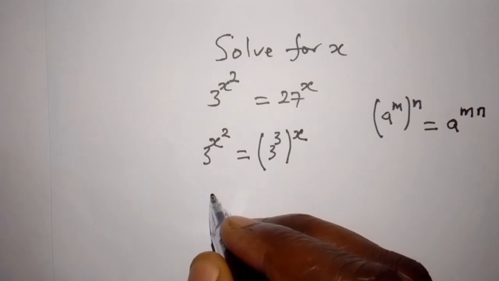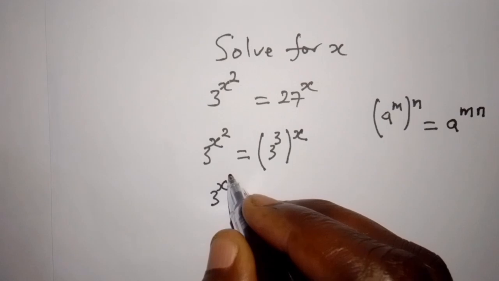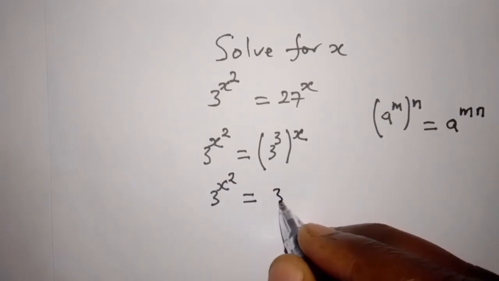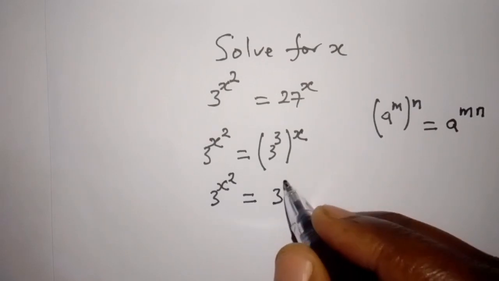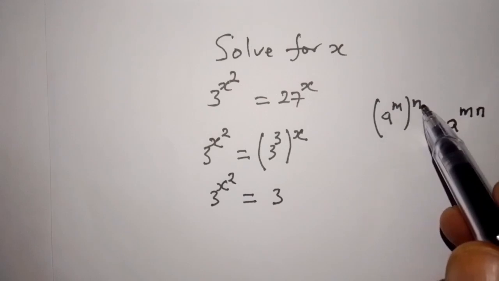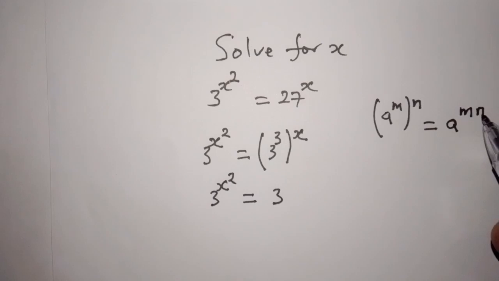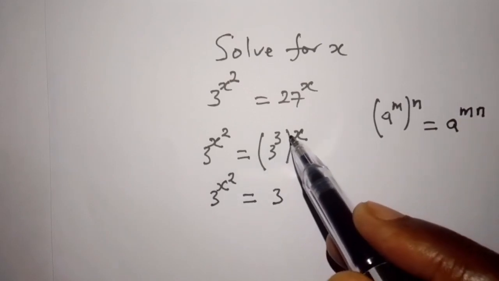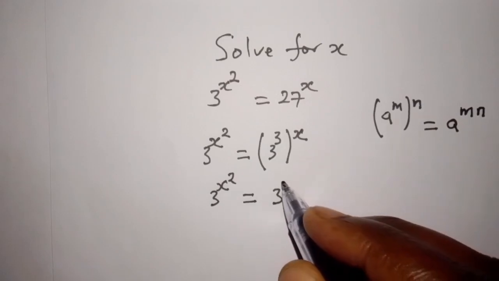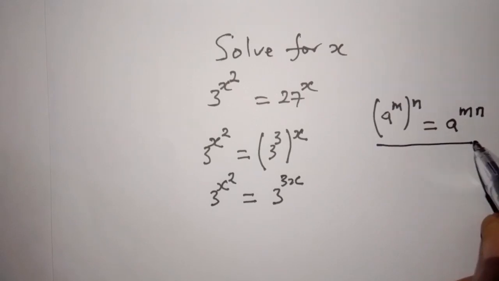This is giving us 3^(x²), which is equal to 3^(3 times x). Applying the rule, m times n is mn, 3 times x is 3x, so we have 3^(3x).